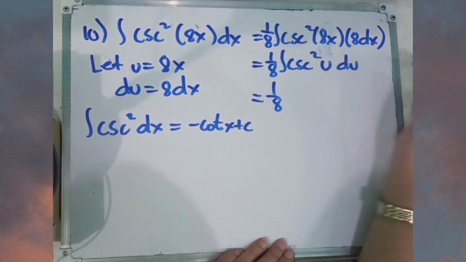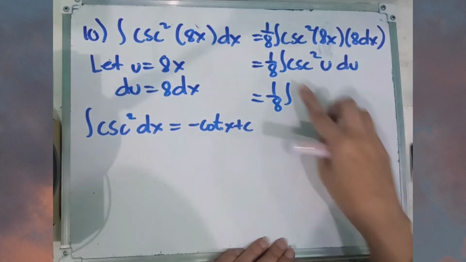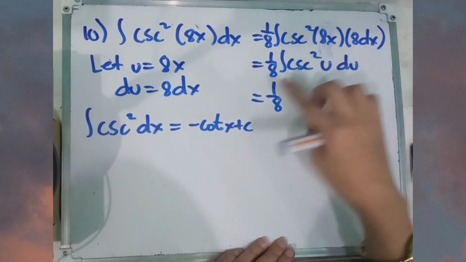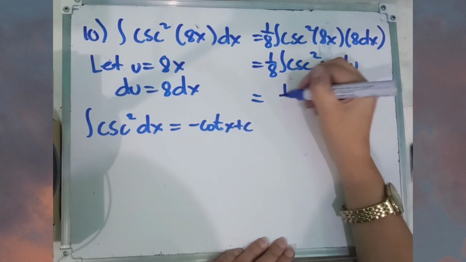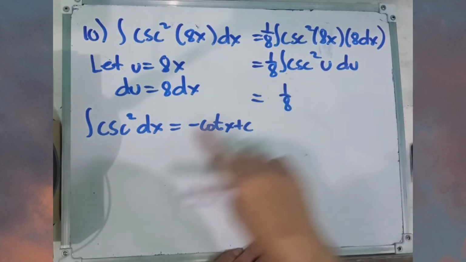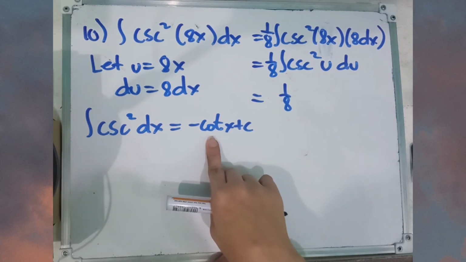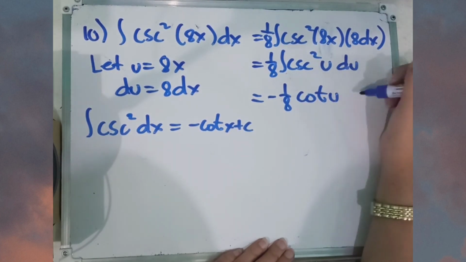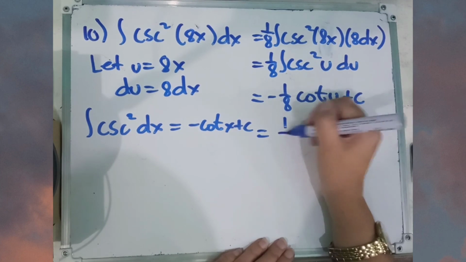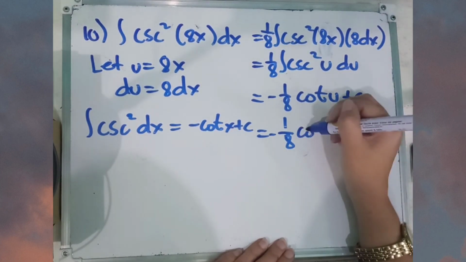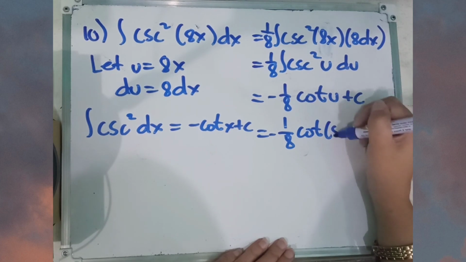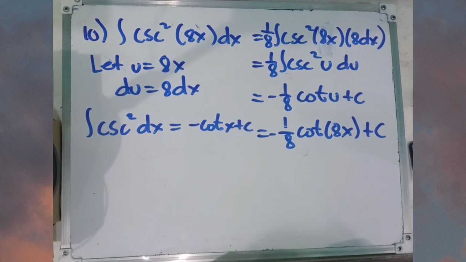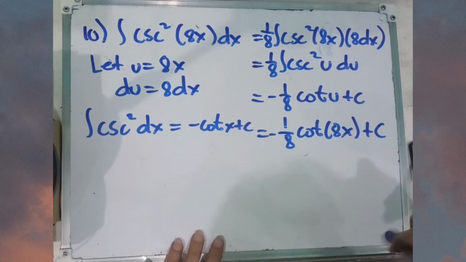So that's 1/8 the integral of cosecant squared u du. Since the integral of cosecant squared x dx is negative cotangent, we can put the negative symbol there: negative cotangent u plus c, and u is 8x, plus c. So that's it for integrals involving trigonometric functions.